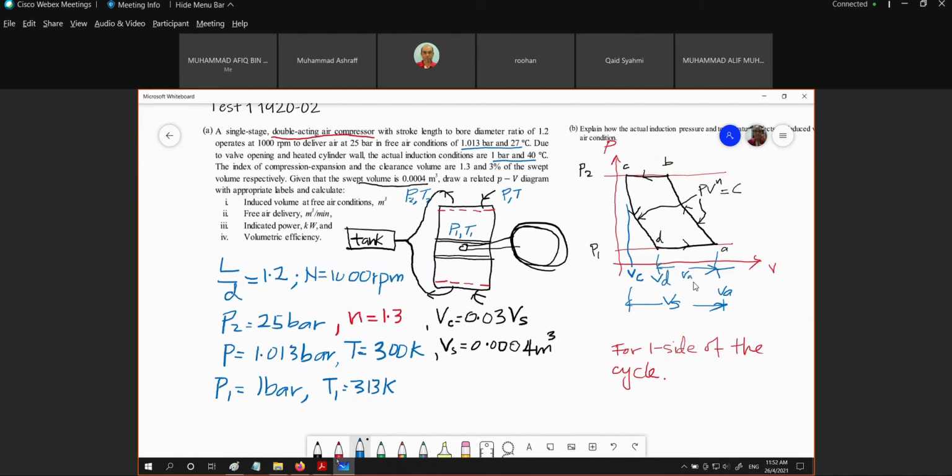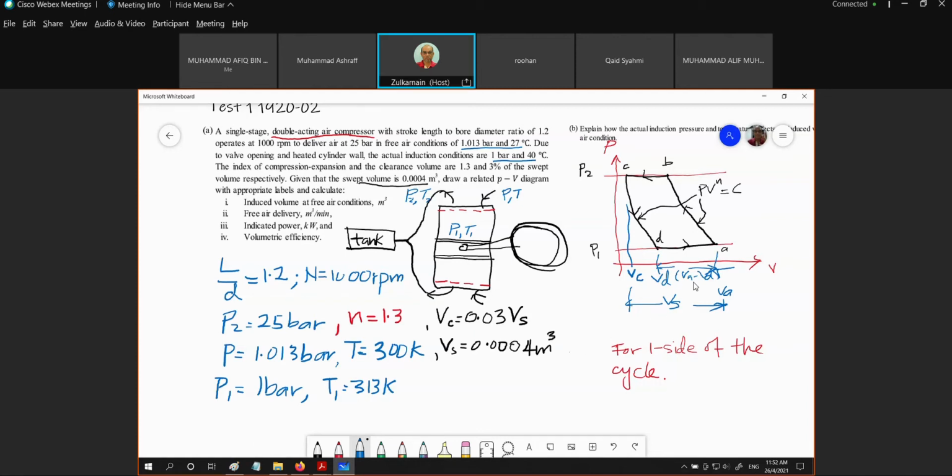So the most important thing is this part. You must know where is VS, where is VC, VD, and VA, and where is VA minus VD. So this is our schematic, the PV diagram. So what's next?